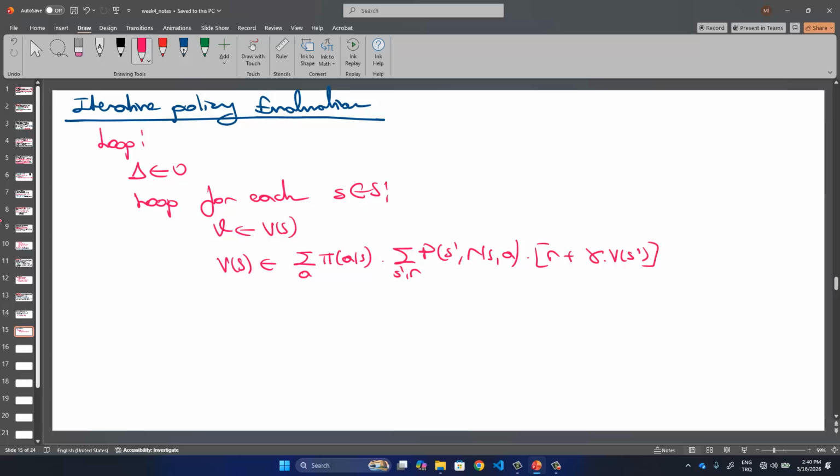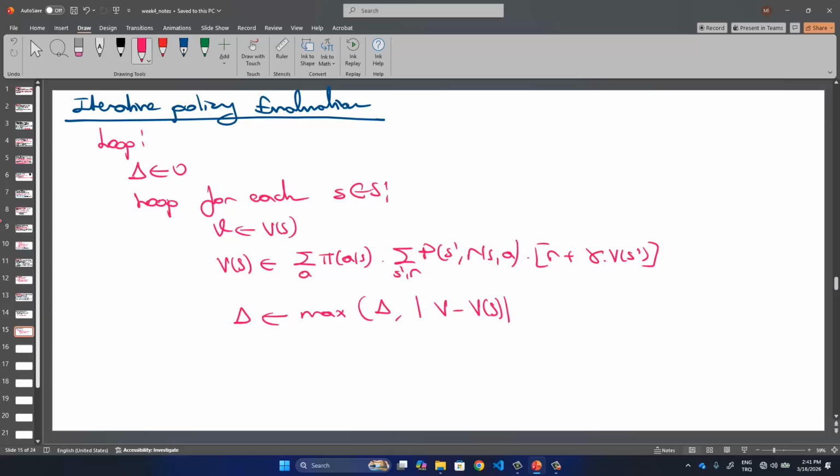After that, we need to calculate the maximum of delta and the absolute value of V minus V of s in here, because this is the previous value and this is the current value, right? We want to find the difference between the k plus 1 and k values, which means we can use these terms to see whether the system is going to steady state, where nothing changes in here, for example.